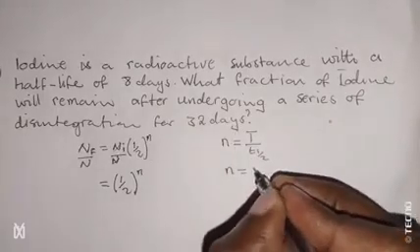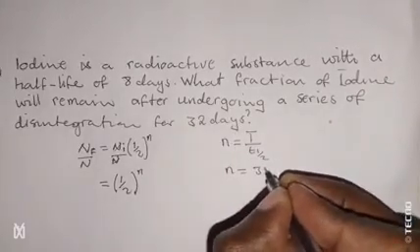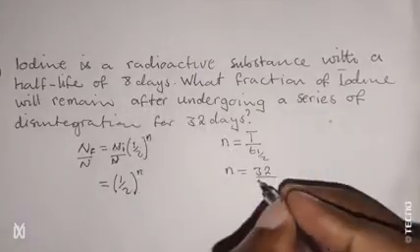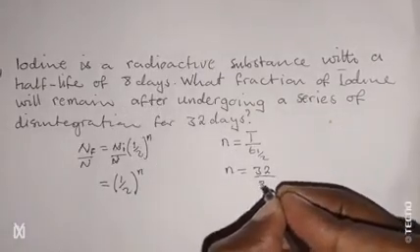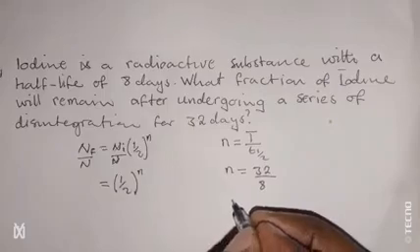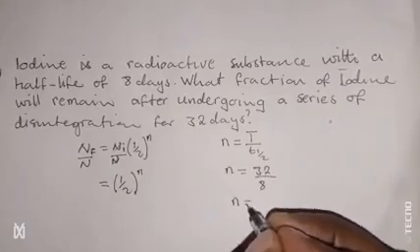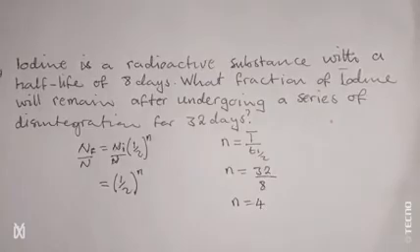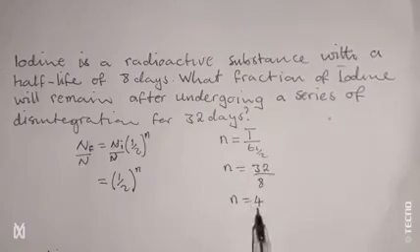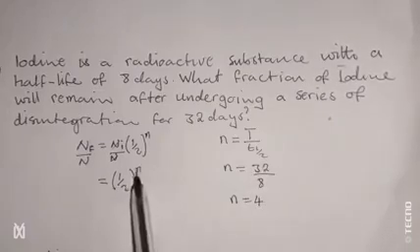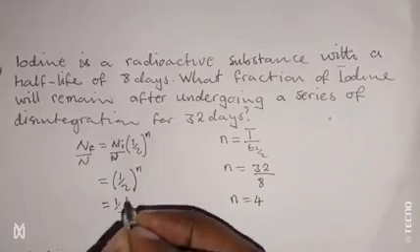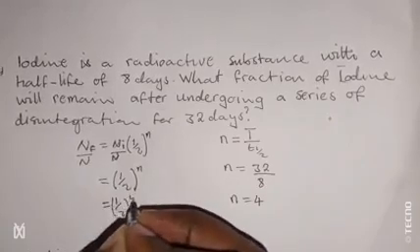So there we'll say 32 over, here we have 8, the half-life is 8 days, so we put 8. Then how many times can 8 go into 32? It's 4, because 8 times 4 is 32. So 8 can go into 32 4 times. Then we replace where there is n, so here we'll say half, to the power 4.